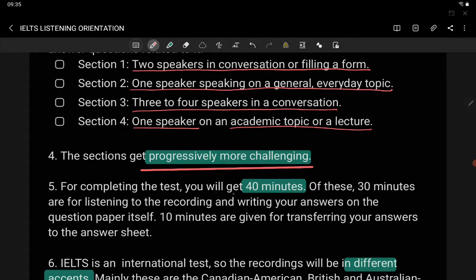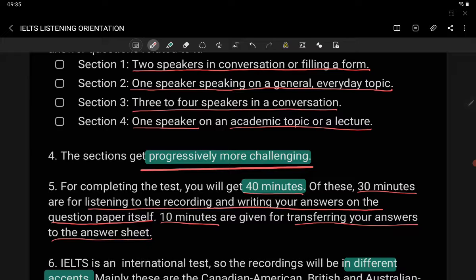For completing the test, you will get a total of 40 minutes. 30 minutes will be given for listening to the recording and writing your answers on the question paper itself. So you will just quickly write down the answers in the question paper itself, okay, as you are listening to your recording. After that, you will be given 10 more minutes for transferring your answers to the answer sheet.